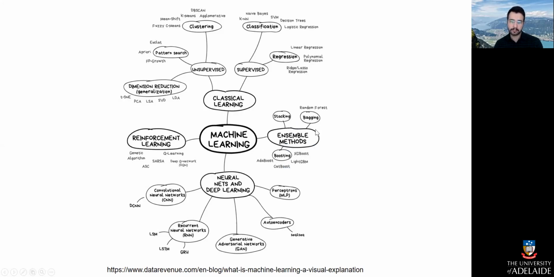But you don't need to be too fussy about this. What matters is that, based on your task and the data that you have, you should be able to use this graph and see where you fall and what approach is most useful for your task. And around deep learning, of course, we have CNNs, RNNs, GANs, autoencoders, MLPs.